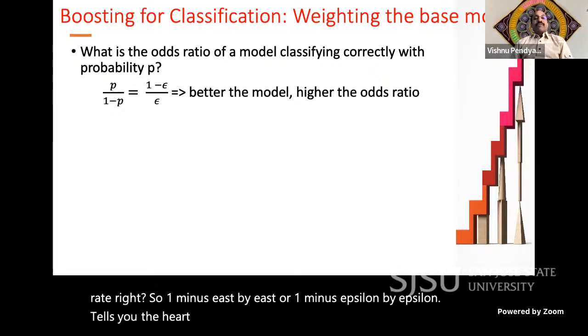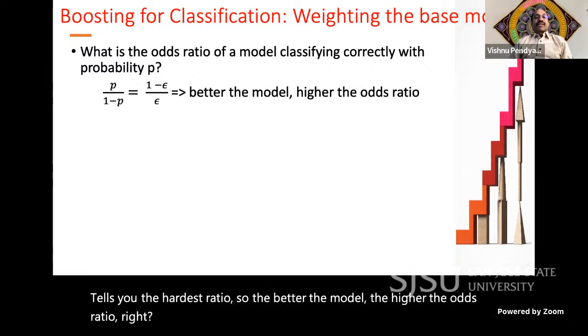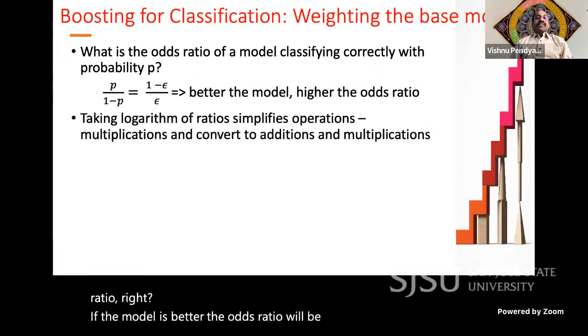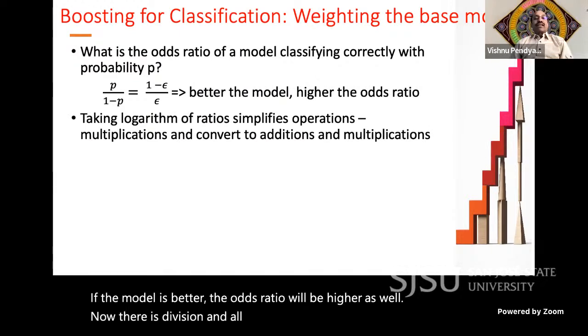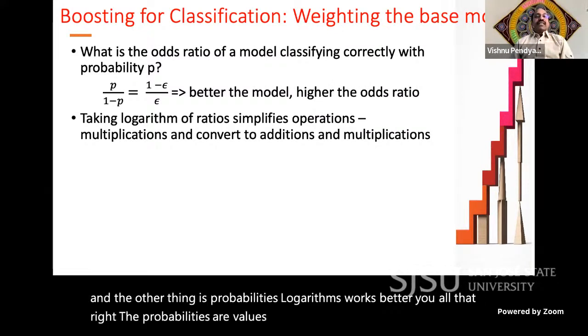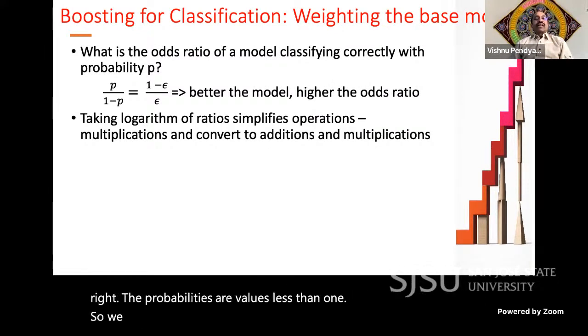So the better the model, the higher the odds ratio. Now, because there is division and all that, and with probabilities, logarithms work better. You all know that, right? The probabilities are values less than 1, so we take the logarithm of the ratios to simplify operations.